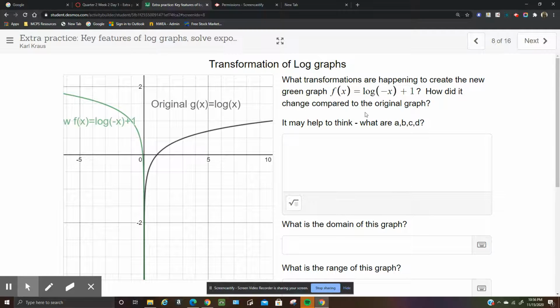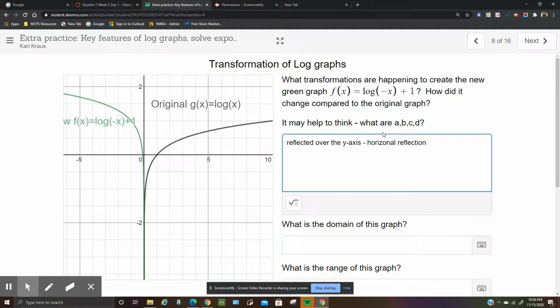Number 8. So you want to look at the green graph, log of negative x plus 1. So this is a horizontal reflection, or reflected over the y-axis, and the other transformation translates up 1 unit.